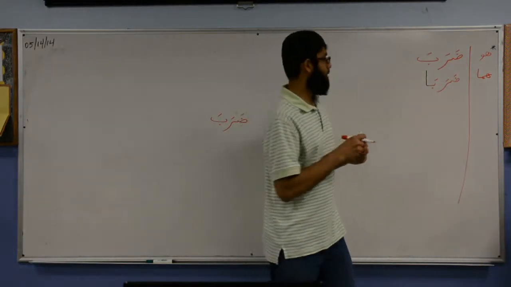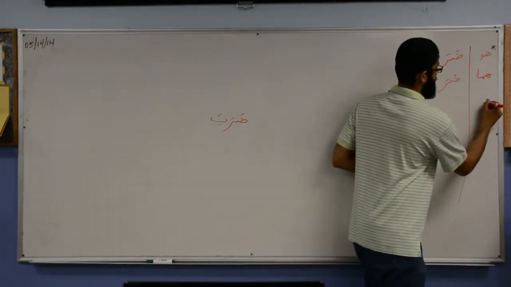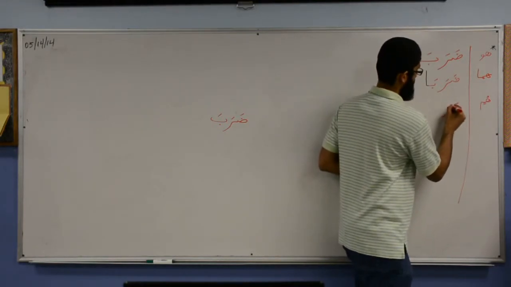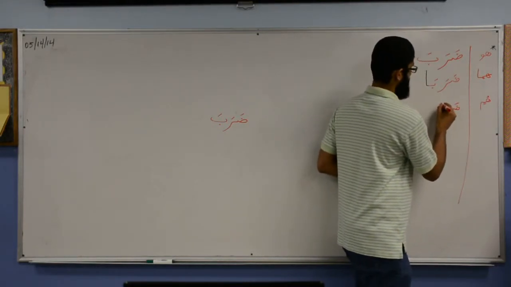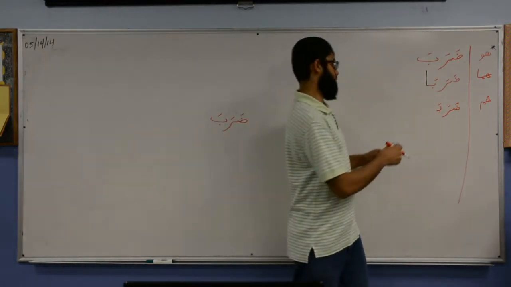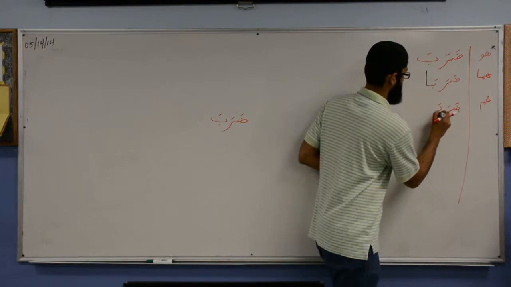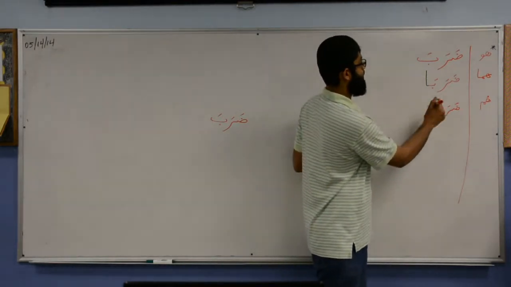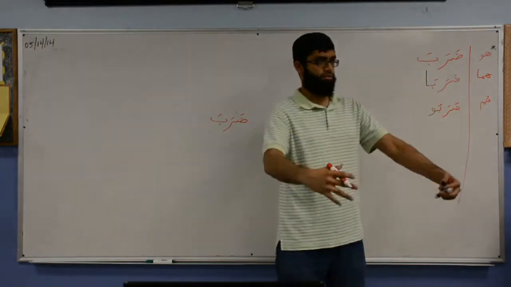Alright. When I get to hum, I'm going to do the same thing. Daraba. But what's the fa'il for hum? For wow, right? So I have to put a wow after the fi'l. And this fatha changes to a dhamma to make the pronunciation flow.